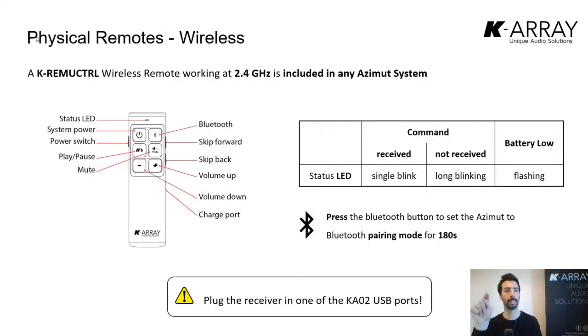You have to click on that Bluetooth button if you want the amplifier to enter in Bluetooth pairing mode for 3 minutes. So if you want to connect your phone to the amp via Bluetooth, click on that button, and you will find, in the next 3 minutes, the amplifier as a Bluetooth receiver in your phone or your computer, whatever you're using to stream music over Bluetooth.